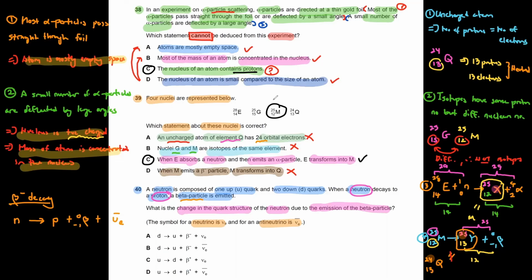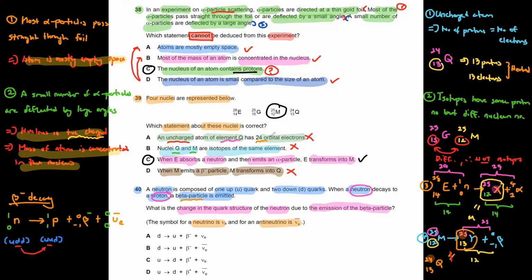So let's just fill in the proton number and nucleon number here. So this one will be 0, 1, 1, 1. This is negative 1, 0 for beta minus particle. And then your electron antineutrino does not have any proton number or nucleon number. When you look at the quark composition of your neutron and proton, your neutron is up, down, down. Proton is up, up, down. Your quarks are actually changing from 1 down quark to an up quark.